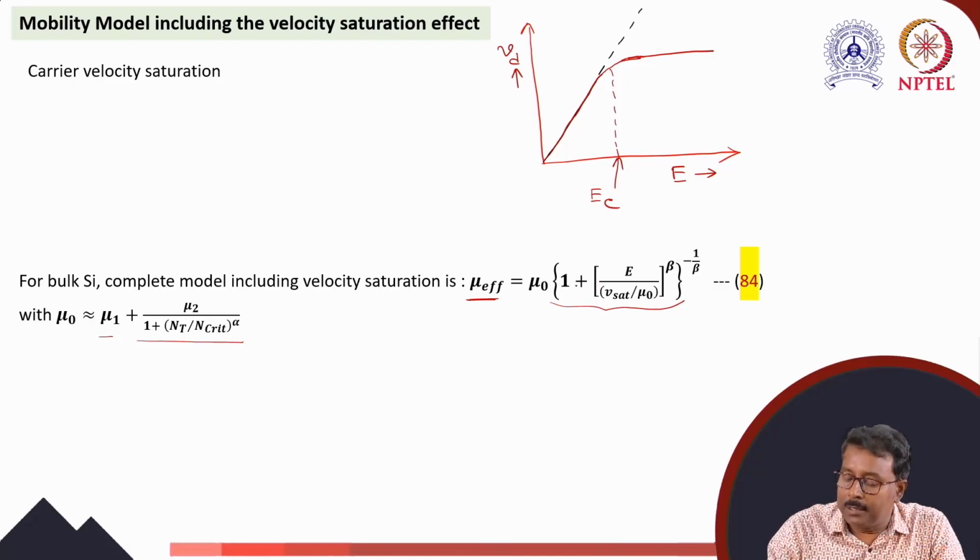In this factor, this is 1 plus electric field E divided by V saturation by mu 0 to the power beta, whole to the power 1 by beta, where beta is nothing but a constant. Again, this is a fitting parameter.